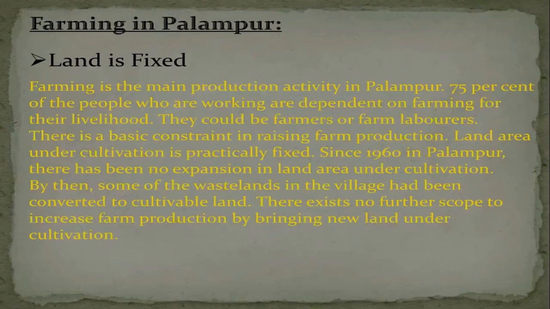Now, there's a major obstacle with this. That is that the land under cultivation is practically fixed. Since 1960, you can say that there has been no expansion in the land area under cultivation.